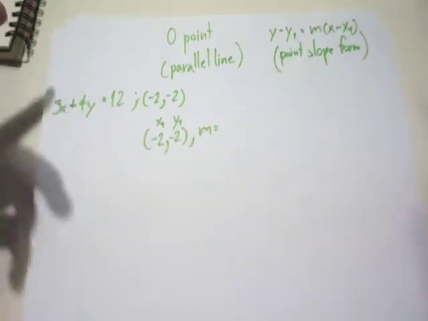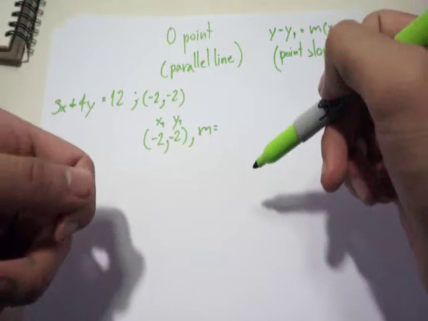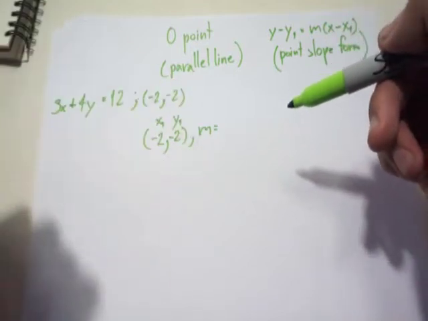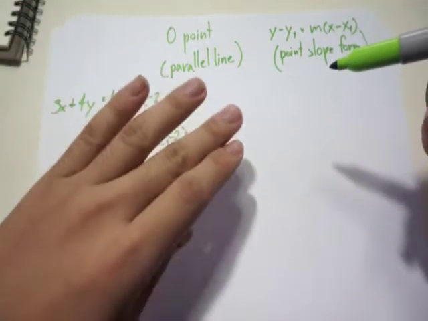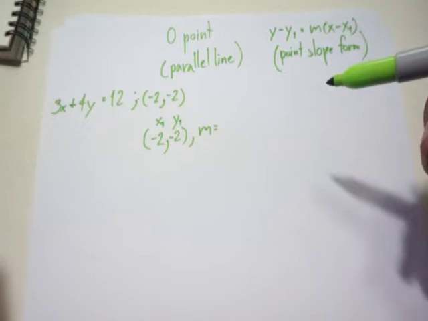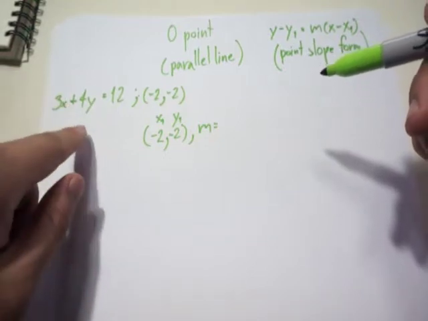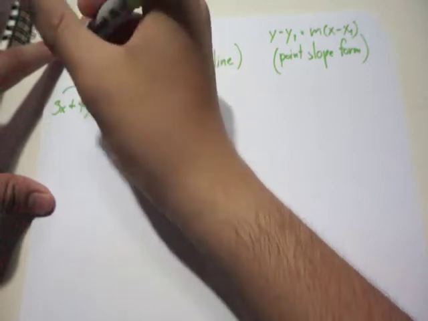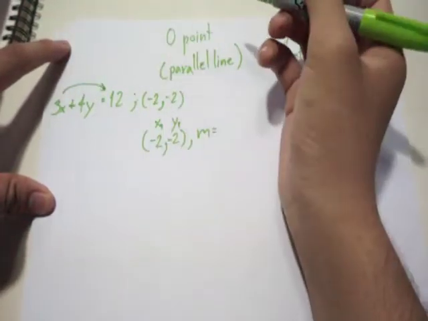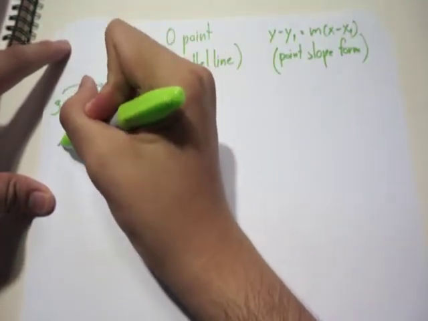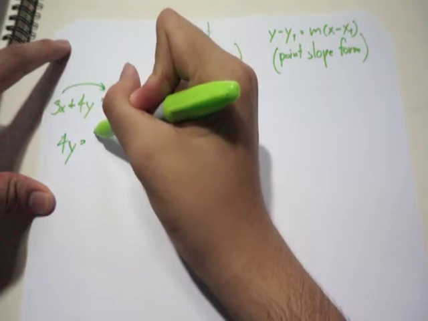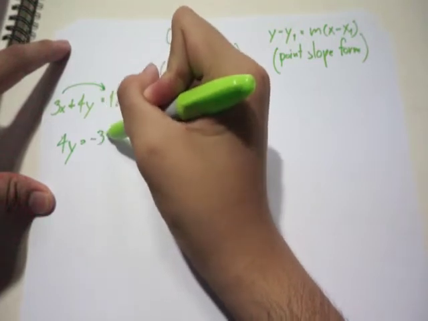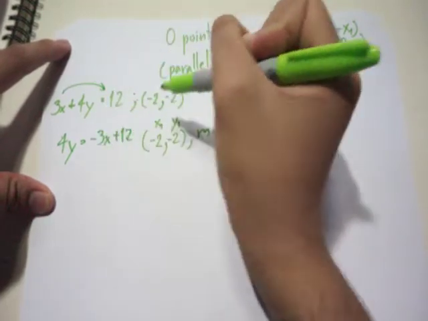As I said, for the graphs to not meet each other, it must be a parallel line. So how do we make a parallel line? Well, first we're gonna turn this into the simple y form by moving this to this side, and it will be 4y equals negative 3x plus 12.